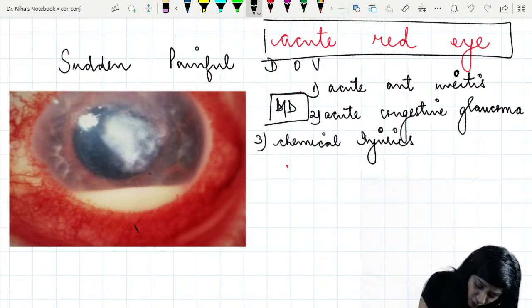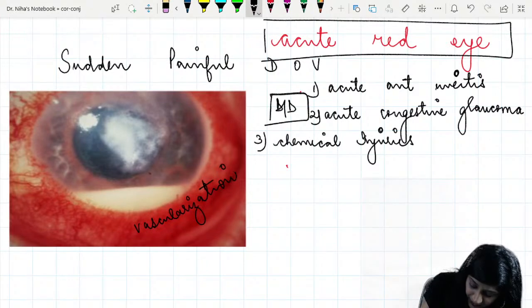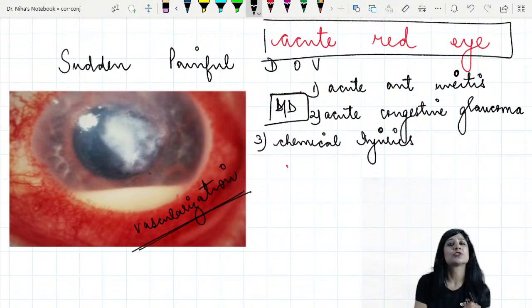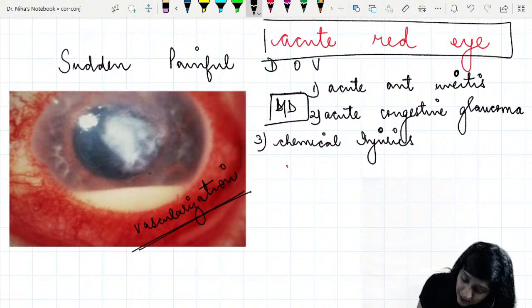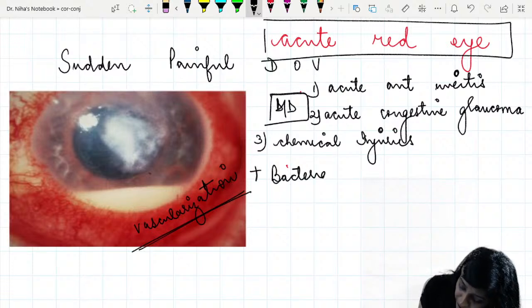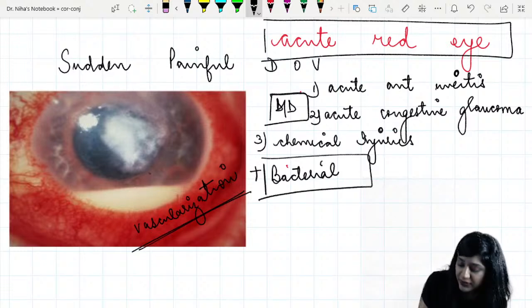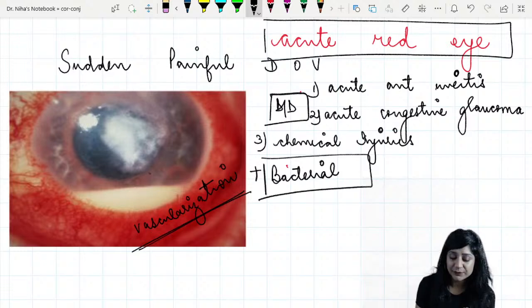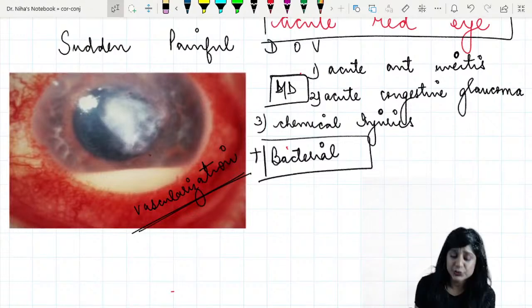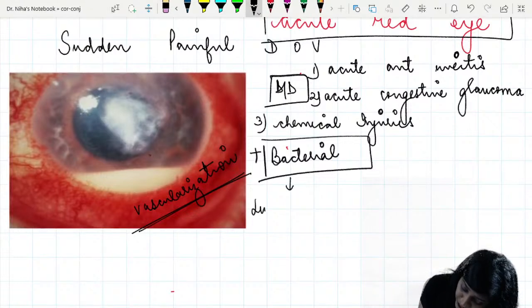Can you see lot of vascularization? So whenever you are having the acute red eye, you have lot of vascularization. Plus, whenever we have the bacterial response, whenever I will have this bacterial infection, what is the most common thing you will have? That is pure pathology. You will have the lymphocytic infiltration.